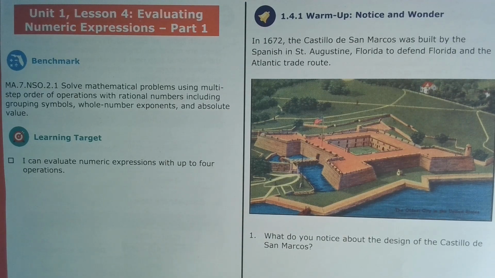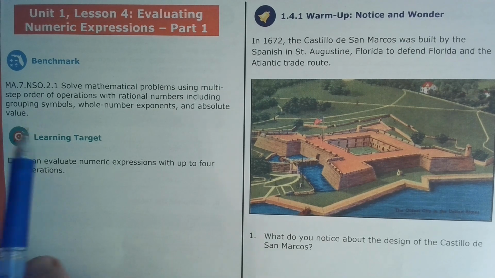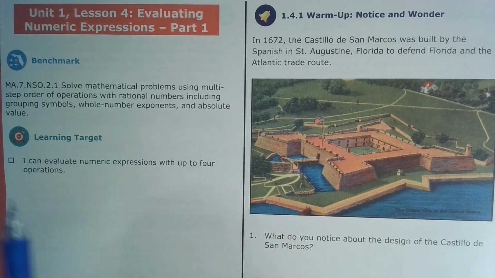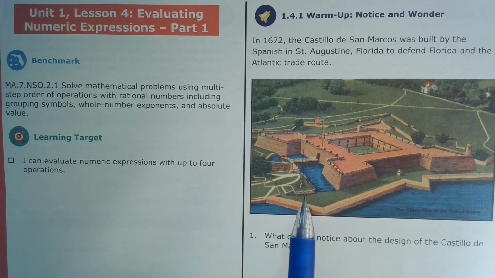So I will go over the benchmark. I may stop doing it in the videos because, like I tell the kids in class, this is a very official way of putting it, so it sounds like Charlie Brown's mom, and then I have to tell them what it's really trying to say.